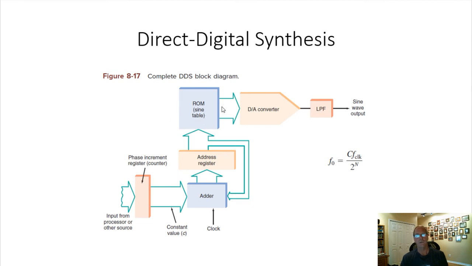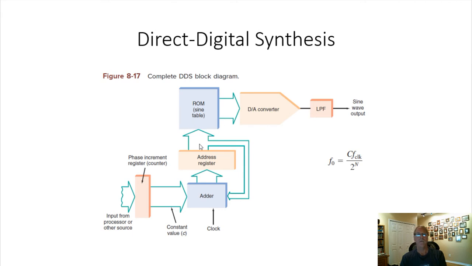So as you go through the addresses, let's say it's a 64K register, you go from 0 to 65,535, and then it wraps around again. That's how many addresses are in the thing. So when it wraps around, that could be the beginning of the sine wave.